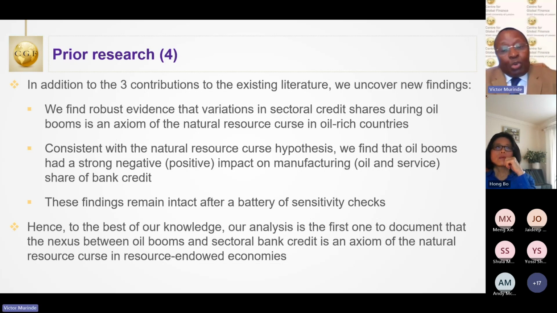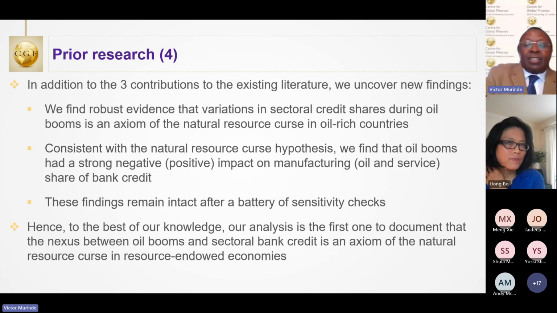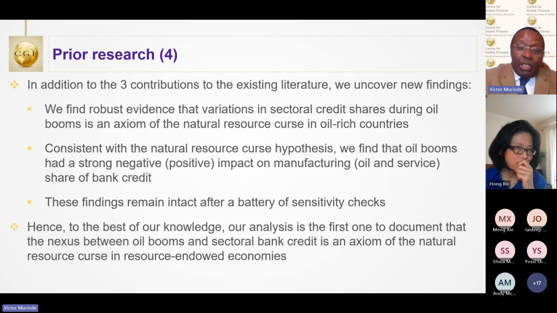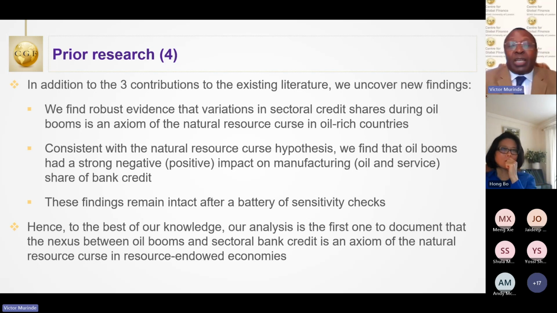Basically, this is consistent with the natural resource curse hypothesis, specifically that oil booms have a strong negative impact on the manufacturing sector, which is a tradable sector, but also a strong positive effect on oil and services shares of bank credit, which is the non-tradable sector, so that our results can distinguish the heterogeneity, the dichotomy of the results, within tradable and non-tradable sectors.